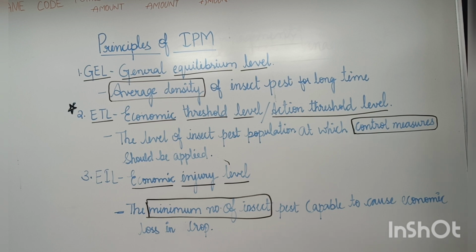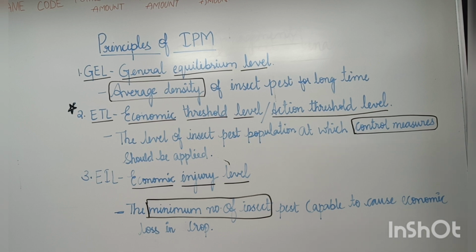And coming to the economic threshold level, this is one of the most important levels with reference to agriculture. At this level, we have to apply control measures to control the pest population.